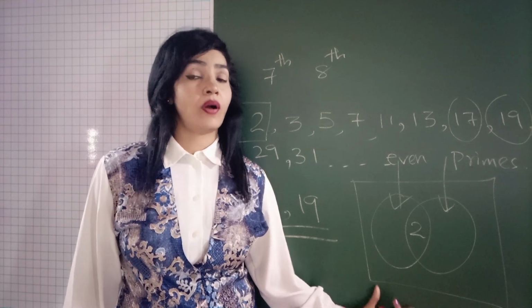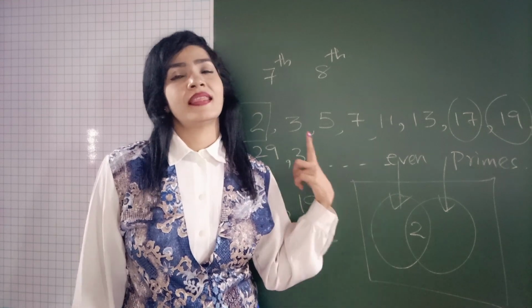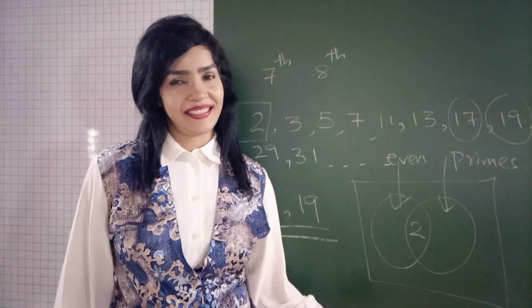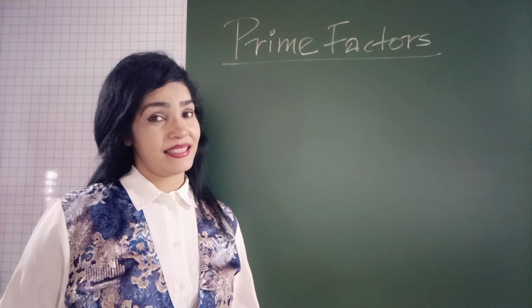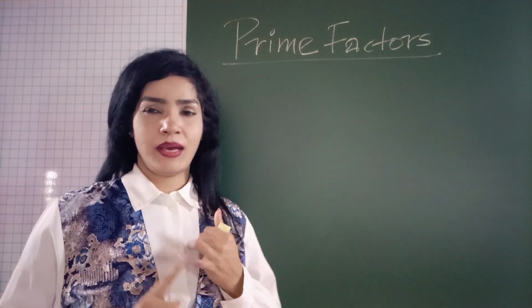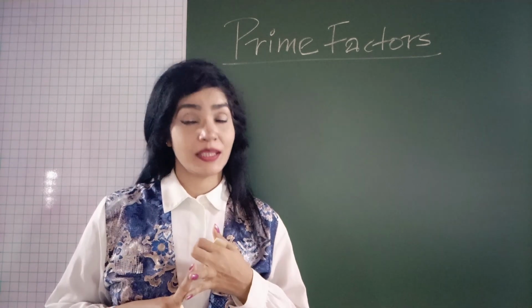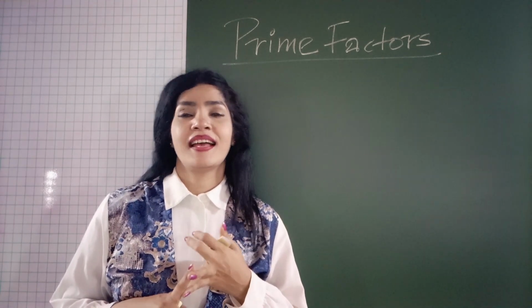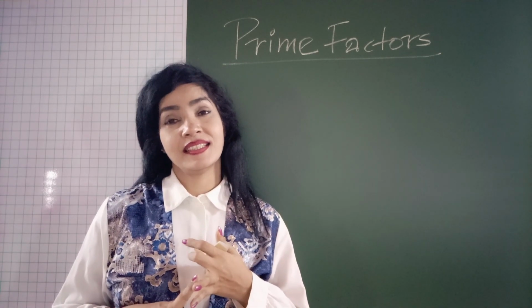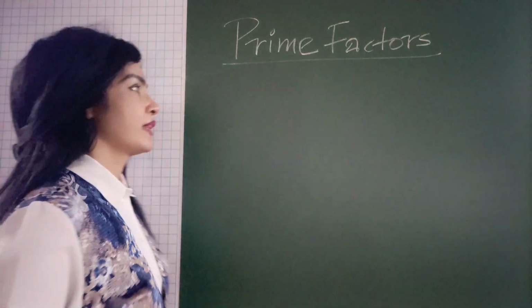Let us move on to the prime factors. We'll see what prime factors are now. You have learned the factors, you have learned the prime numbers also, and now you are going to learn the prime factors.